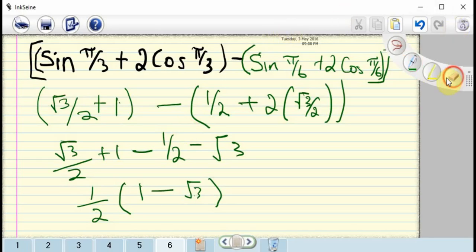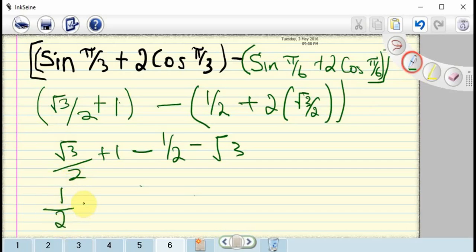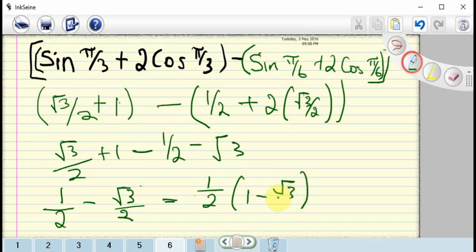So that is going to bring us to half minus root 3 over 2, which is equal to, factoring out half, 1 minus root 3.